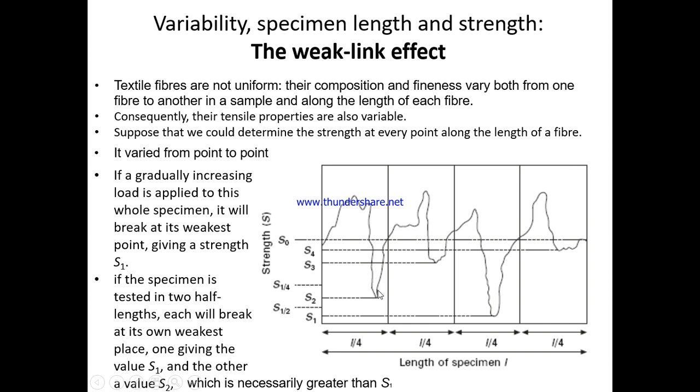Now if we take the average value of all the strength, then S naught is the average strength or mean strength of the fiber. If you measure the strength of the specimen for full length L, the mean strength of the fiber will come out as S naught.